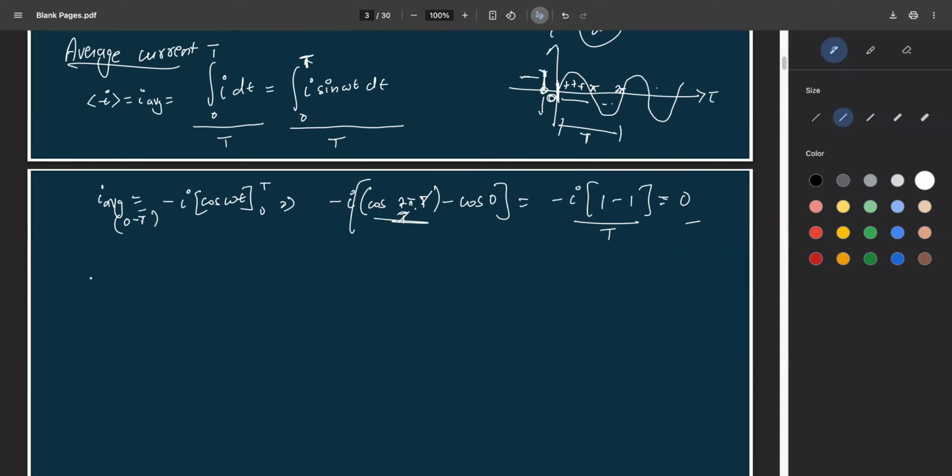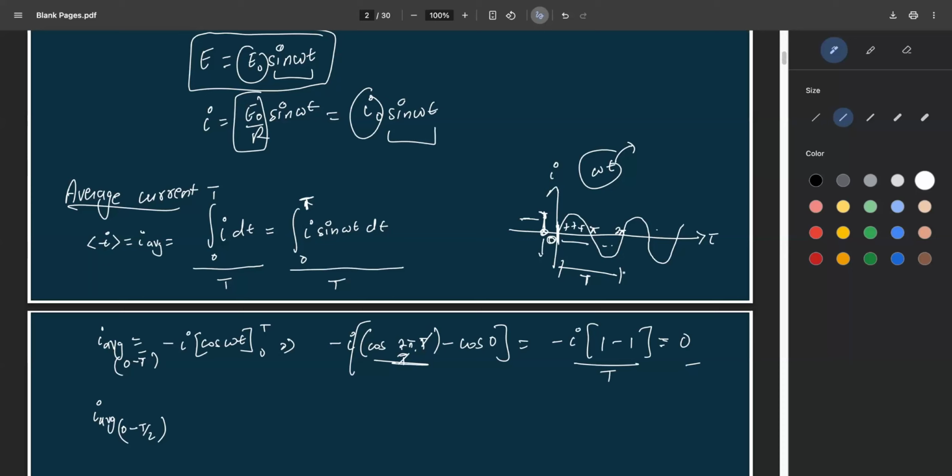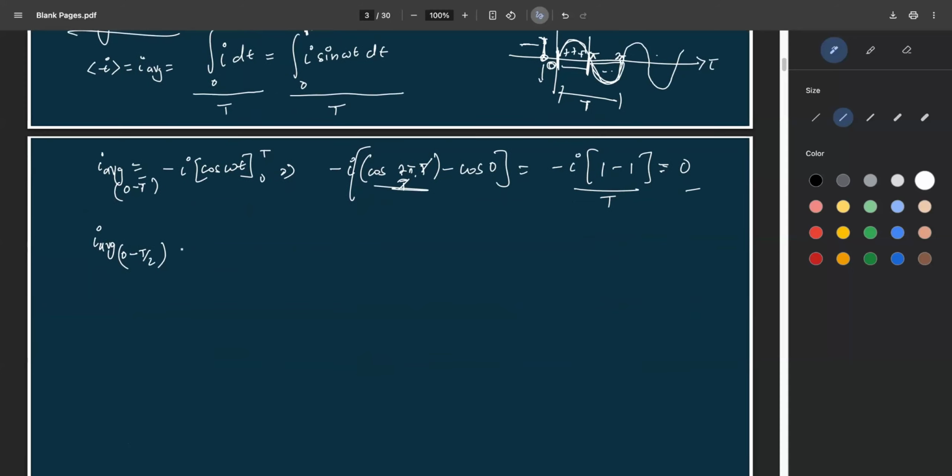Understood, my friend? So I average is from 0 to T by 2. Why am I talking about T by 2? Because T is the complete time period and T by 2 is the half time period. Either you can say this is T by 2 time and this is also T by 2. So it's your choice. If you go that way, the integration comes out the same. So I naught cos omega t, this time with limits T by 2 to 0.